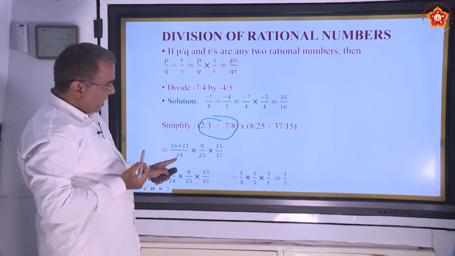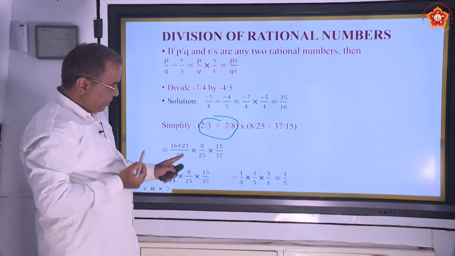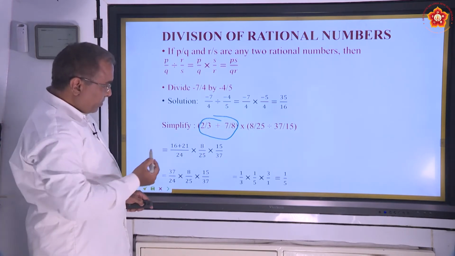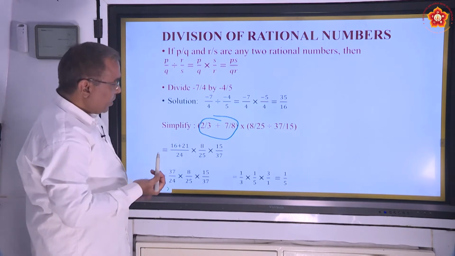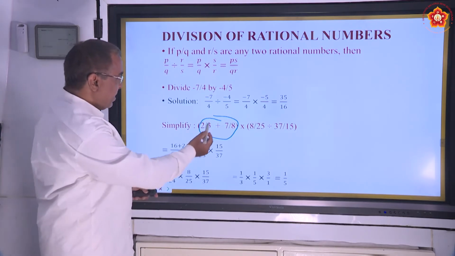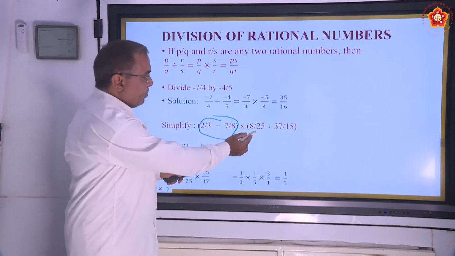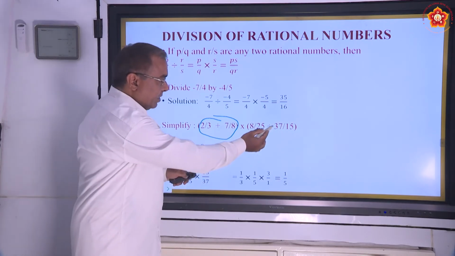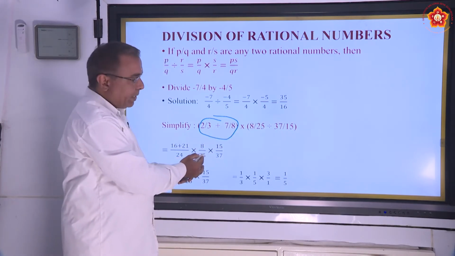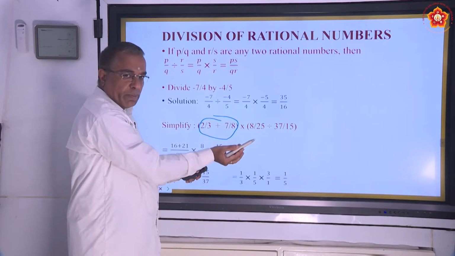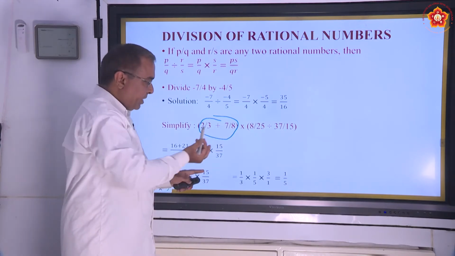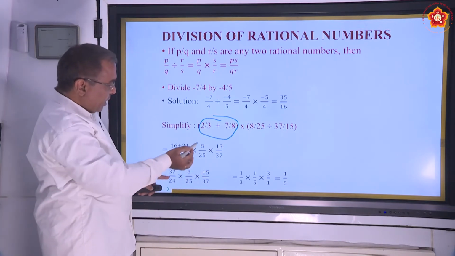So as usual we will find the LCM. 3 into 8 will be 24. Then cross multiply. 2 8s are 16 and 7 3s are 21. Into 8 by 25 you leave as it is. This division when we convert it into multiplication, it will become the reciprocal of 37 by 15, which will be 15 by 37. Now just multiply all this.